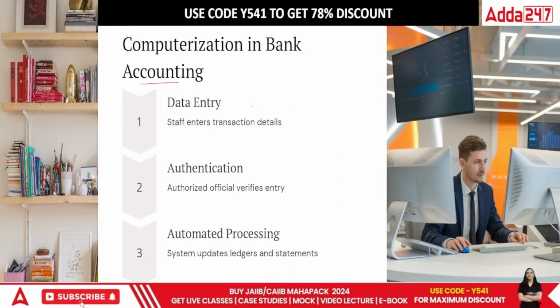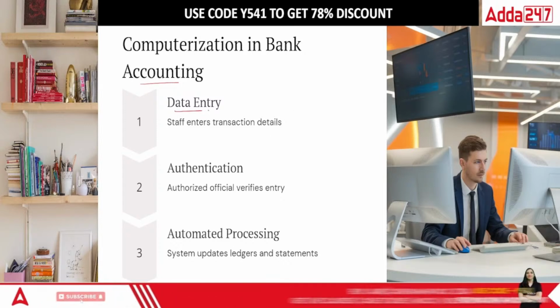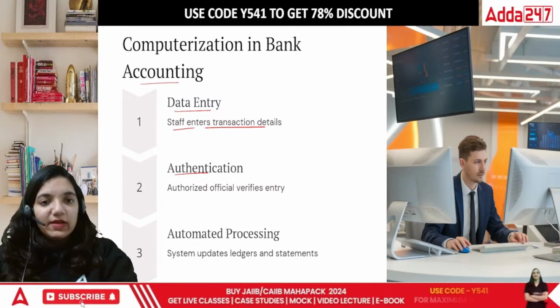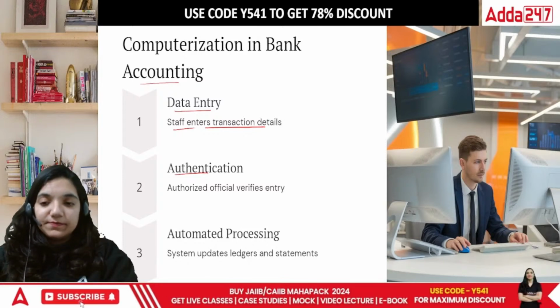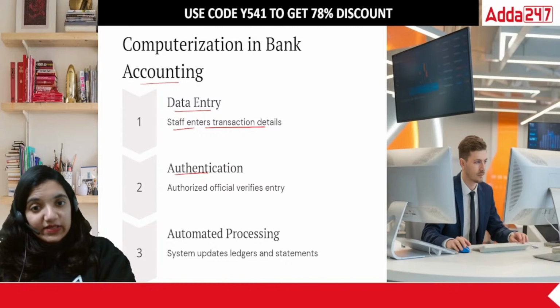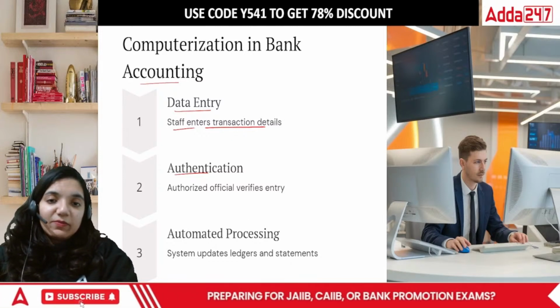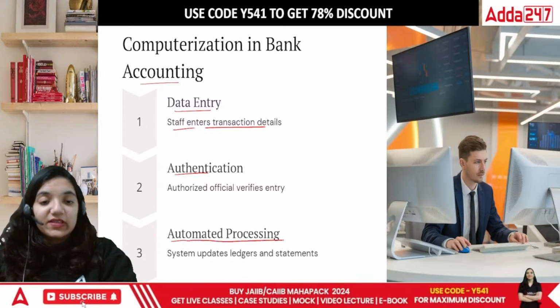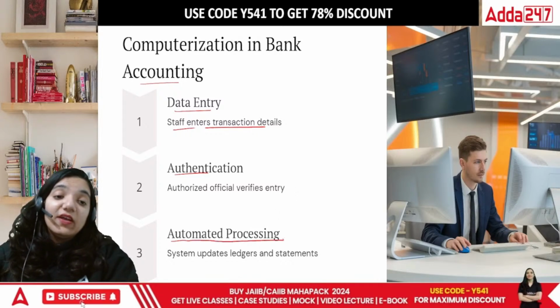So basically what happens in computerization, we have data entry. Staff enters every transaction. Then there's authentication. How do we do that authentication part? There are passwords, and there are permissions that are required whenever one particular person has taken up the work. And then comes automated processing. In terms of automated processing, we have system updates.